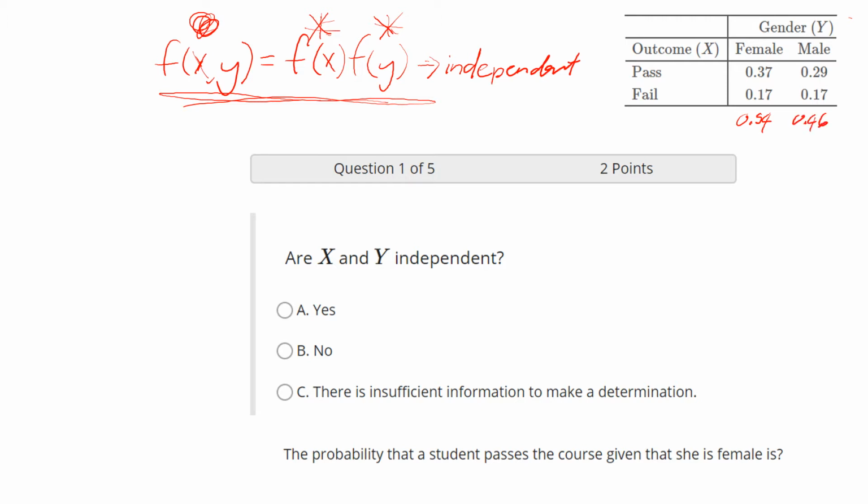Perhaps I should just write down the definition for marginal probability.